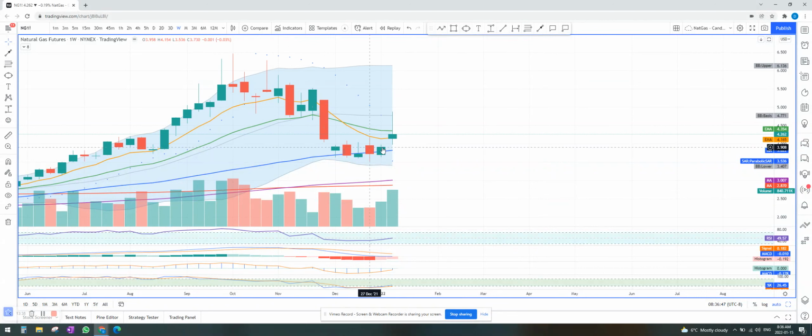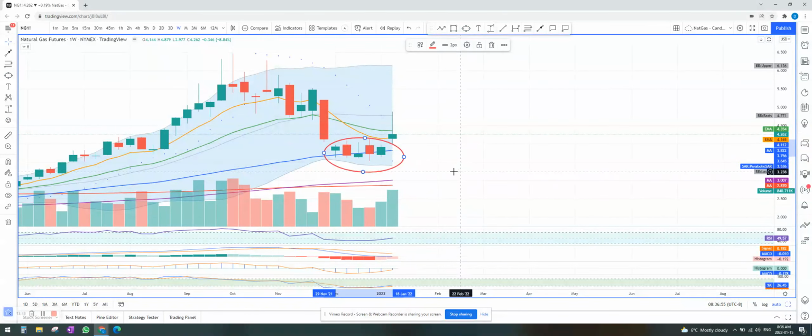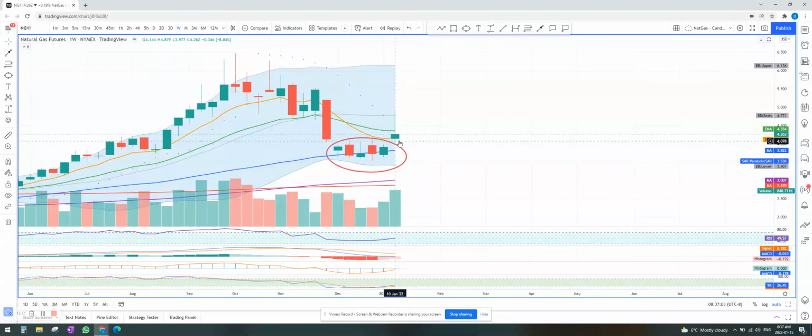We had a decline, and then we had an island formation here, and then a gap up on opening, and the wick jumped higher, and it managed to close above the 8 exponential moving average on a higher volume.